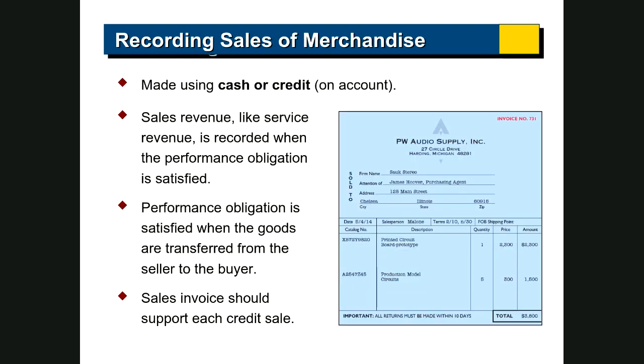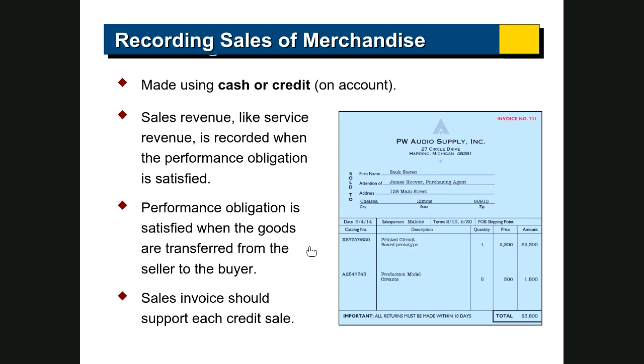Okay. Now, when you are selling, this is what we did when we purchased. When you're selling merchandise, you either sell it for cash or on credit. If you sell it for cash, you debit cash. If you sell it on credit, you debit accounts receivable.